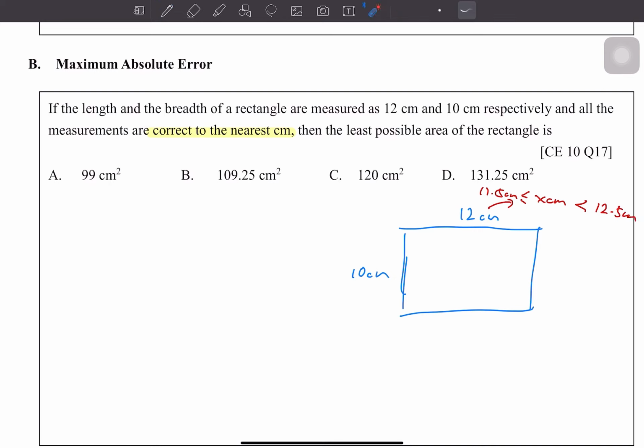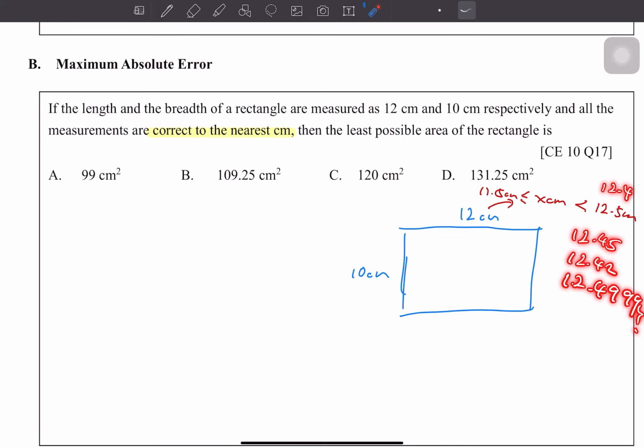Remember, you cannot write down equal here, because if this is equal to 12.5, and you use your ruler to measure this length, what's your answer? You will write down 13 here. But remember, you cannot write down 12.4 because it can be 12.45, 12.42, 12.49.